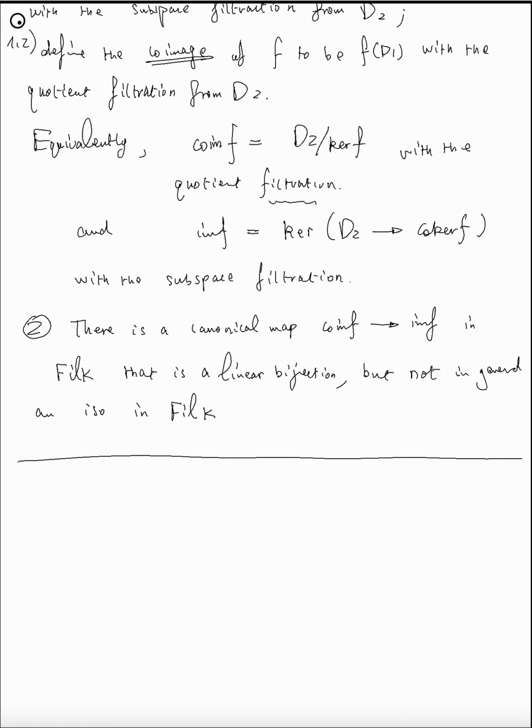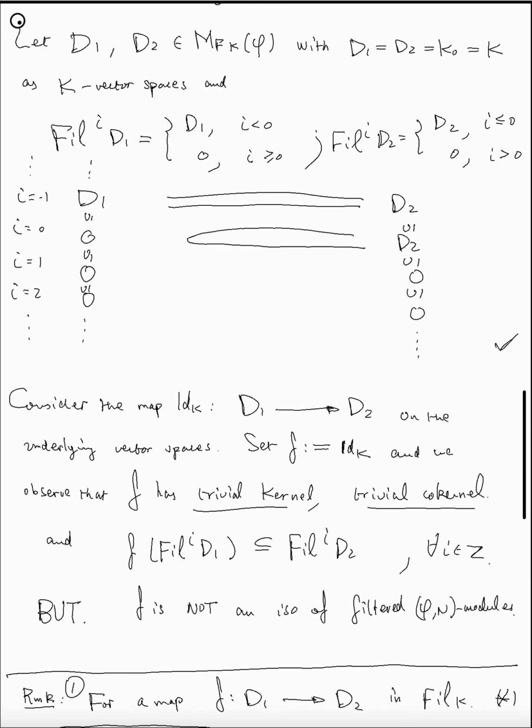Two different filtrations. So let's come back to our counterexample here. We claim that the problem is the coimage of f as a filtered finite module is D1, while the image of f as a filtered finite module is D2, and so they're not isomorphic. Hence this also implies this is not an abelian category.